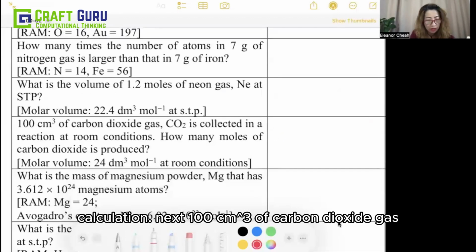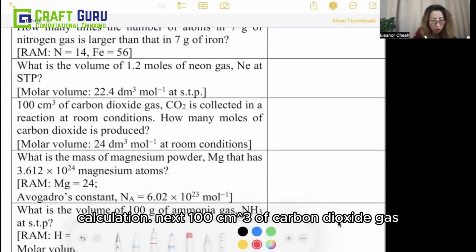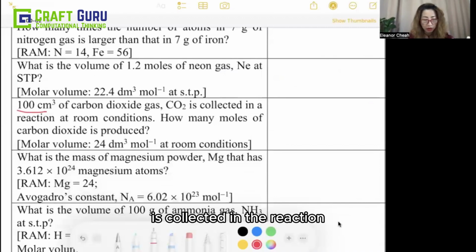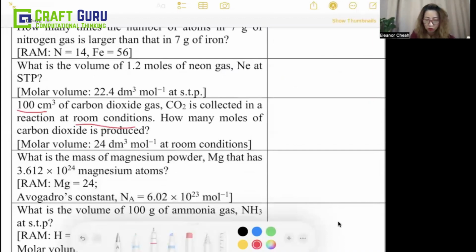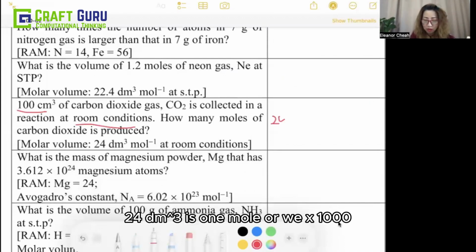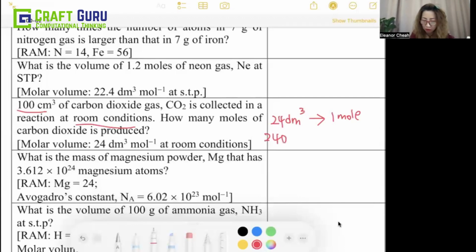Next, 100 cm³ of carbon dioxide gas is collected in the reaction at room conditions. How many moles of carbon dioxide is produced? So 24 dm³ is 1 mole, or we times 1000, 24000 cm³ is 1 mole.